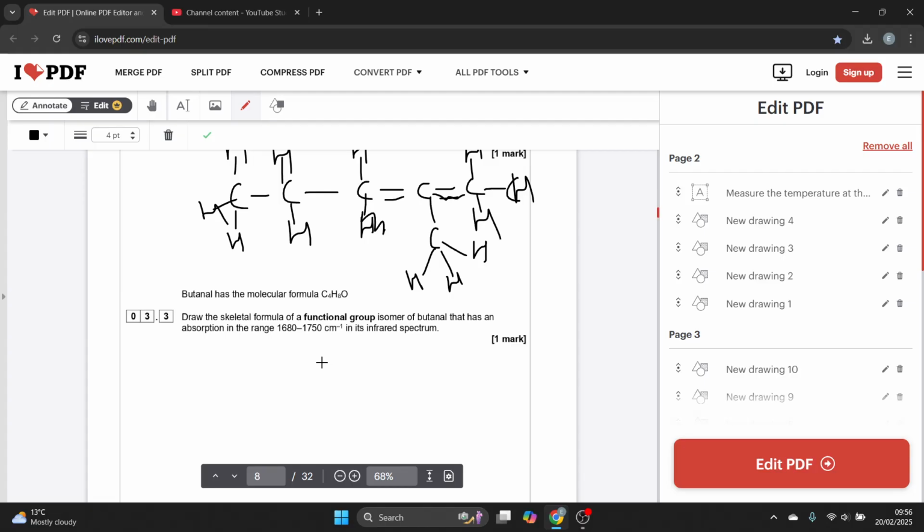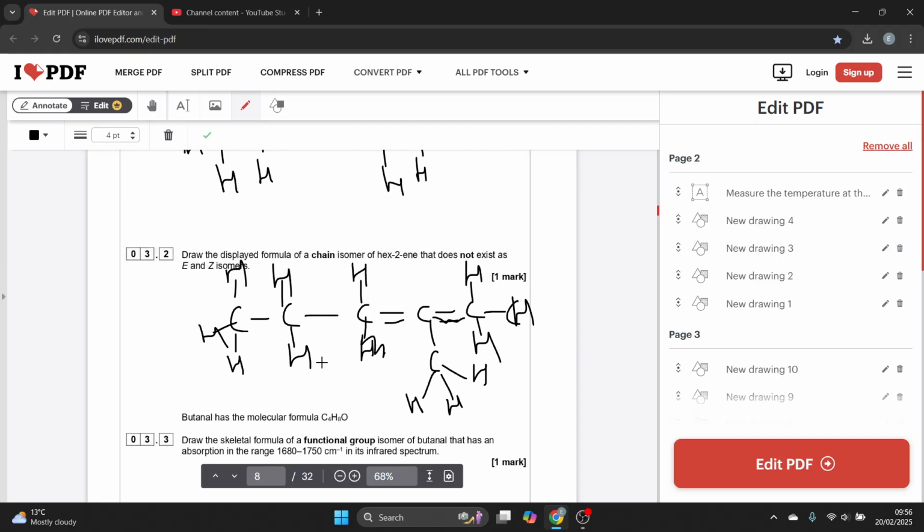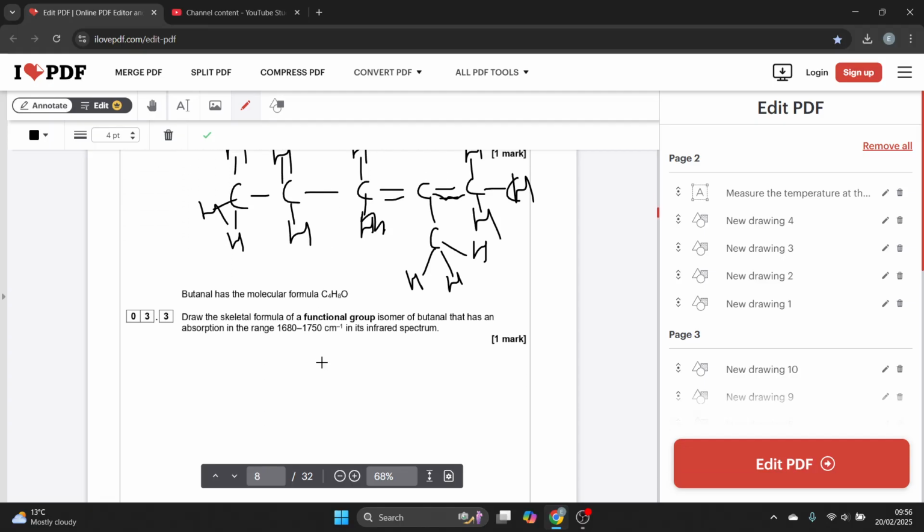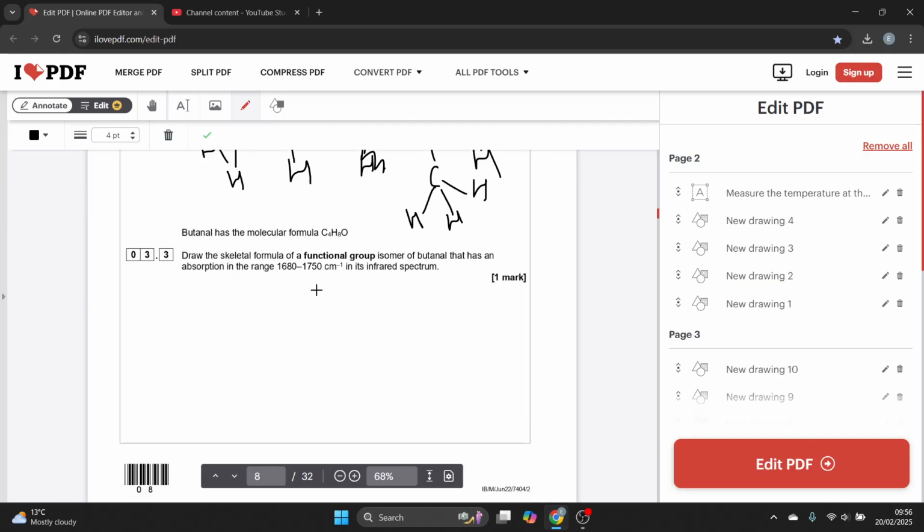Deduce the functional group in butanol that has absorption in the range given. So butanol, absorption in the range of that. So basically, butanol, methane, ethane, propane, butane. Perfect.